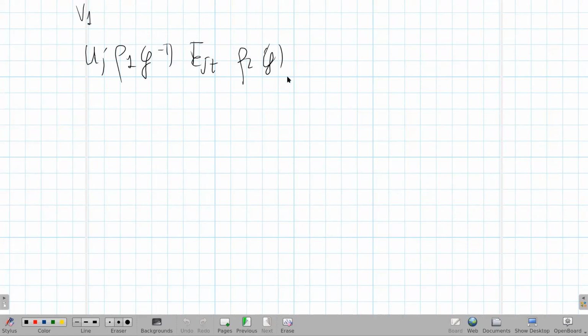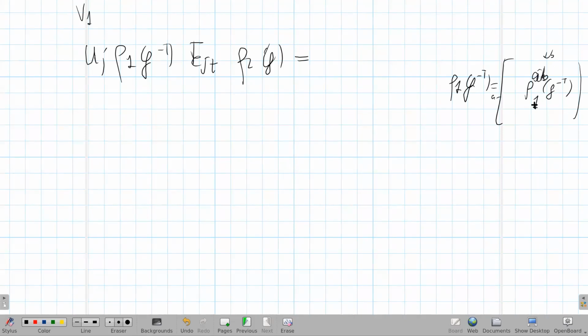Okay, so you have this matrix, and remember that the matrix rho1 of G inverse has components that I denote rho1 with indices AB.